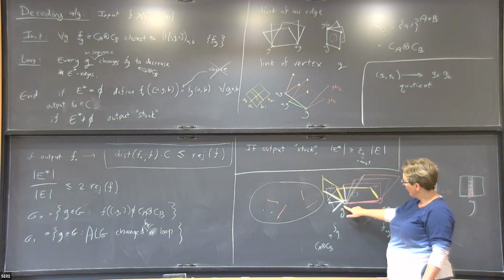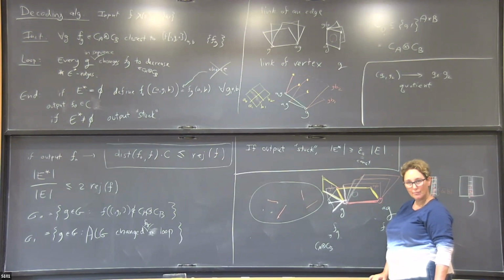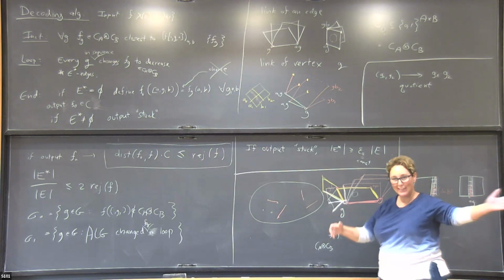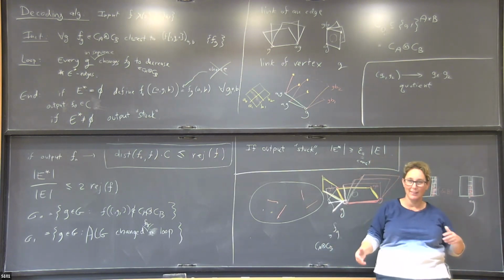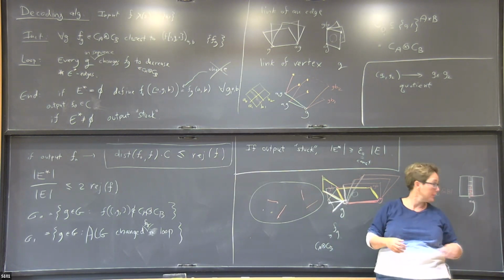No. If you're at a vertex G, G has influences from the A neighbors and influences from the B neighbors. The A neighbors are going to be MC and the B neighbors are going to be MR.